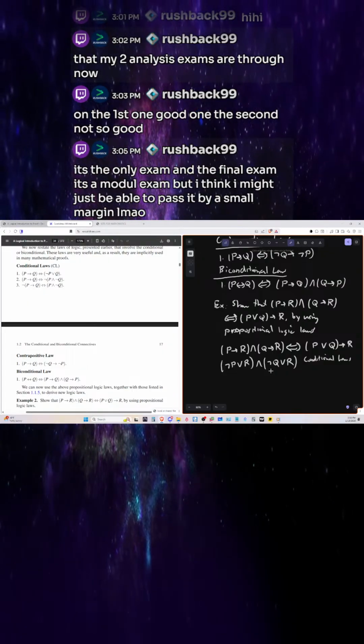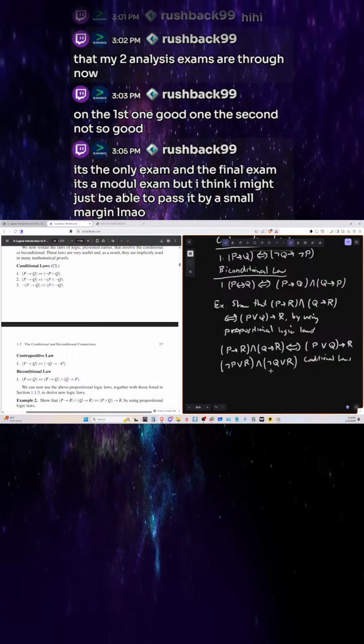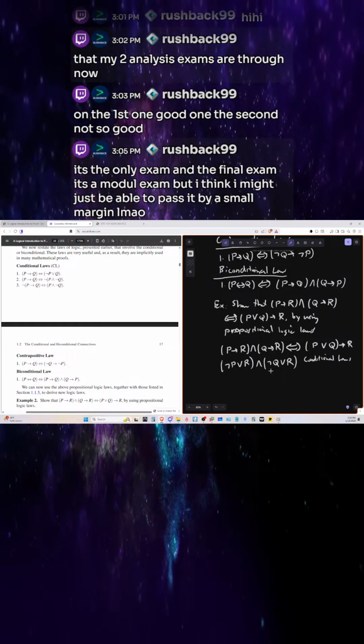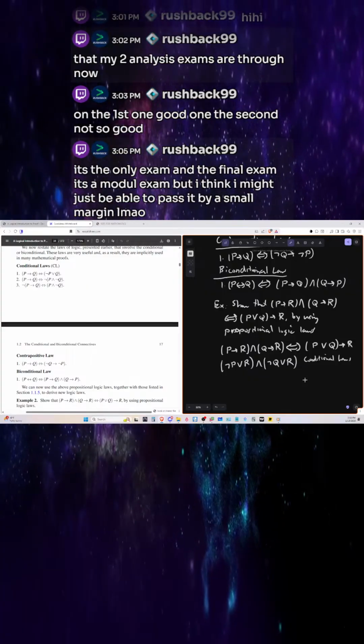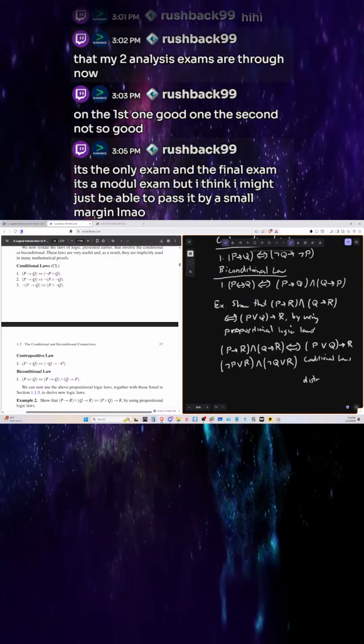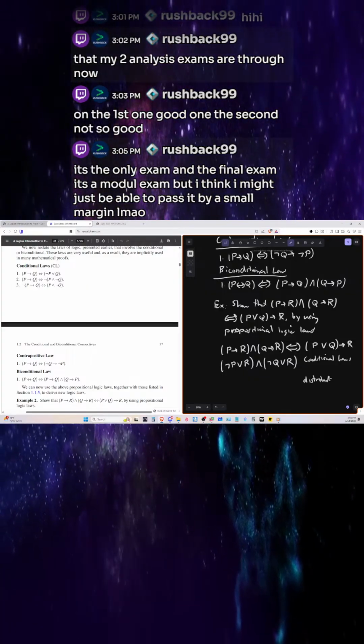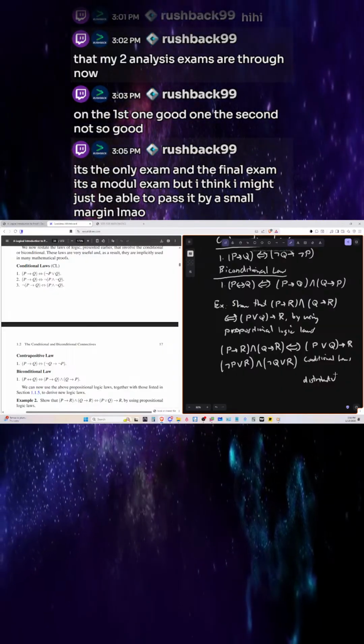So now we can do the distribute, because I think we got to get the R out of there.